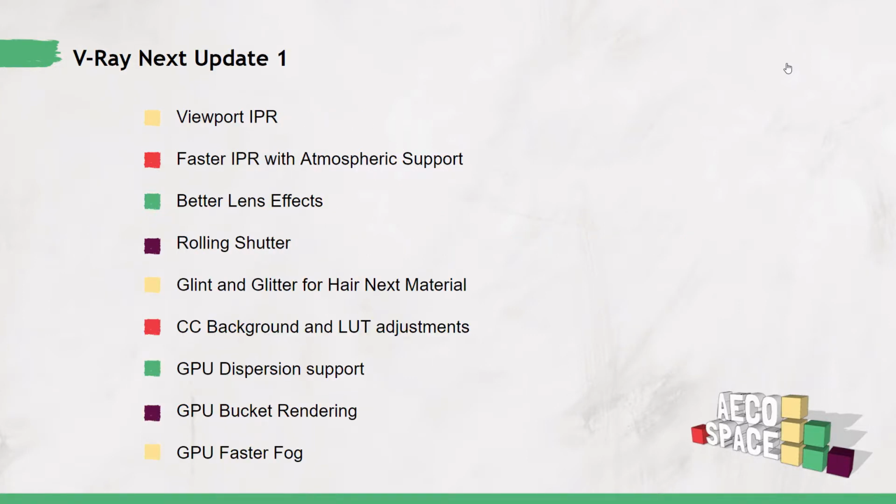Those were the V-Ray Next updates, but after V-Ray Next there came V-Ray Next Update 1 and Update 2. A lot of new features were part of those updates, as you can see here, and I won't go over each and every one.